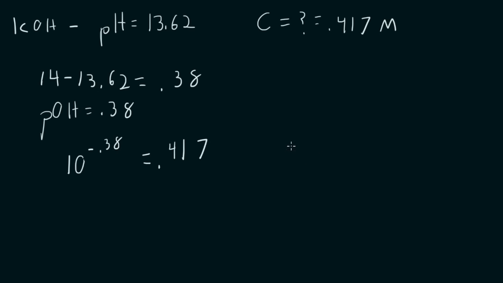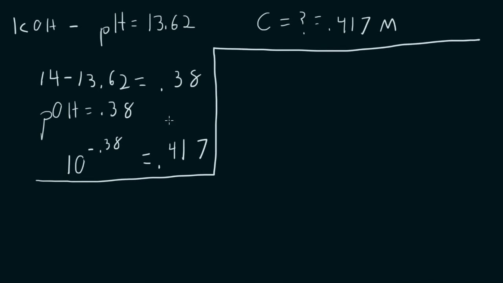So, now we've looked at how to practice using all of those equations. Let's just cover, how do we know when we've got a base and when we've got an acid? Well, if we've got anything that has OH in it, right? We've got some, let's just say, whatever metal. Maybe it's a magnesium, maybe it's a sodium, but it's going to have OH in it. That's how we're going to know if this is a base.